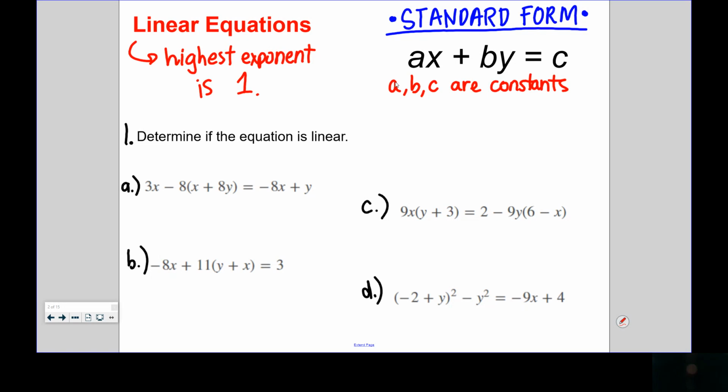The first one is 3x minus 8 times (x plus 8y) equals negative 8x plus y. Part B: negative 8x plus 11 times (y plus 8).